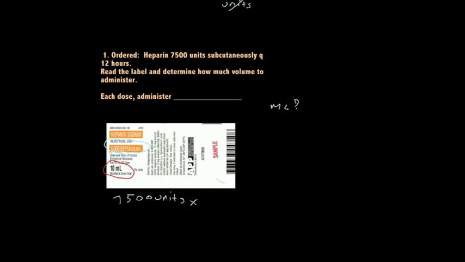So anyway, back to the problem. We've got 7,500 units. Our conversion factor is right here. It's saying that for every 5,000 units, we have 1 milliliter. Our units cancel out. We're left with milliliters.